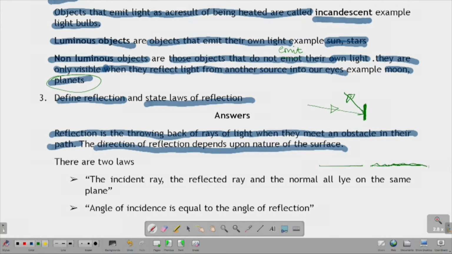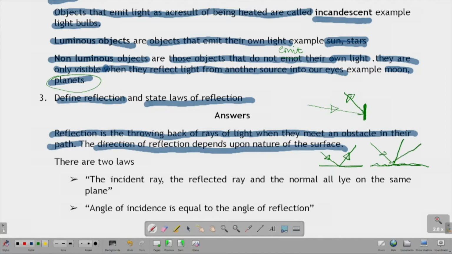So when a ray of light meets this smooth surface, it gets reflected back like this. This is going to be the direction of its reflected ray. But when it meets a rough surface, it is going to be reflected, but not exactly in the same direction.